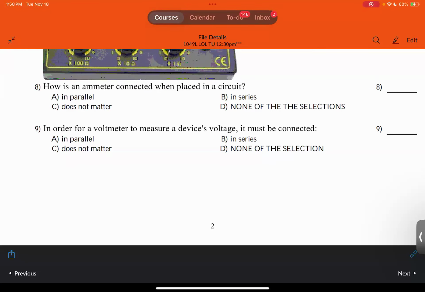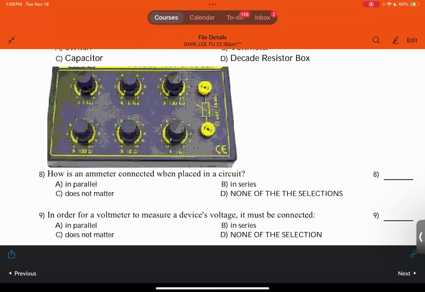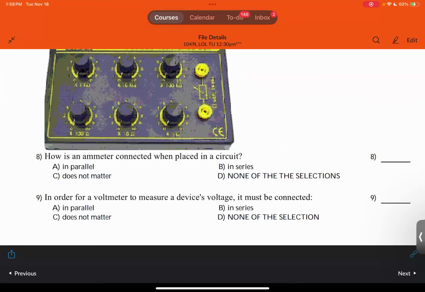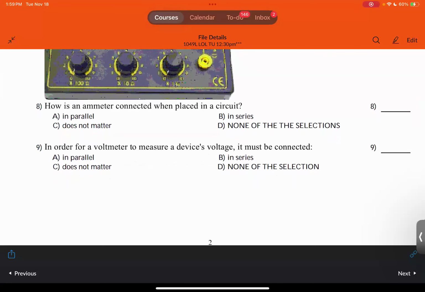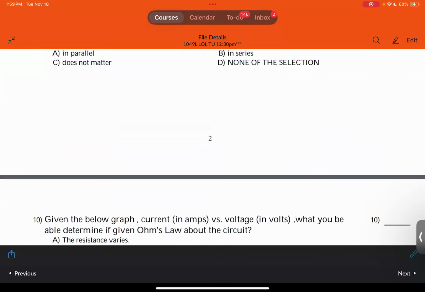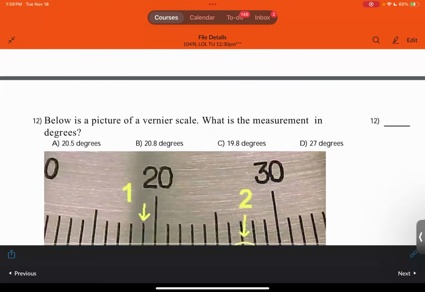When you're in industry, you'll see ammeters and voltmeters and decade boxes that are of multiple looks and feels, so I wouldn't worry too much about that. We talked about how an ammeter and a voltmeter are connected. We went over number 10, number 11.